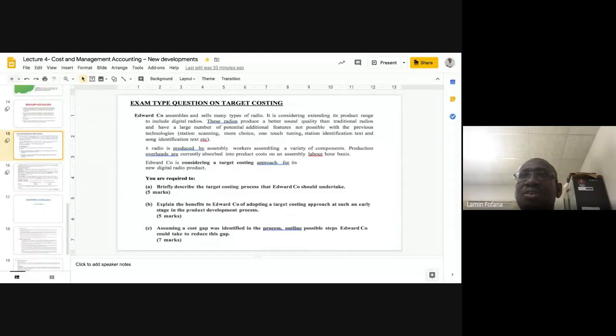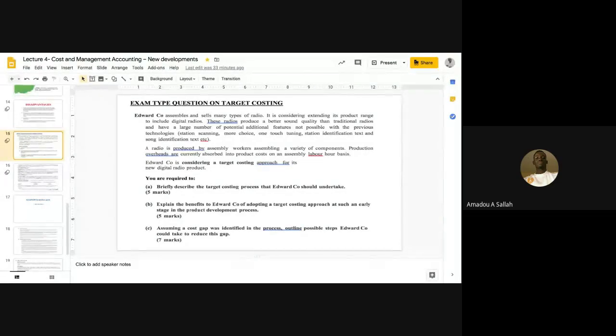Even though we've not discussed Kaizen costing that much, those are two methods whereby you can reduce the gap between the target cost and the estimated cost. So my question is, how do you go about reducing the gap using value engineering?